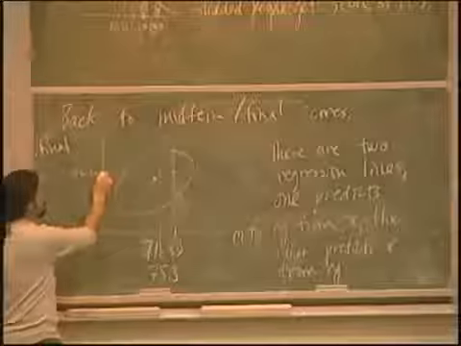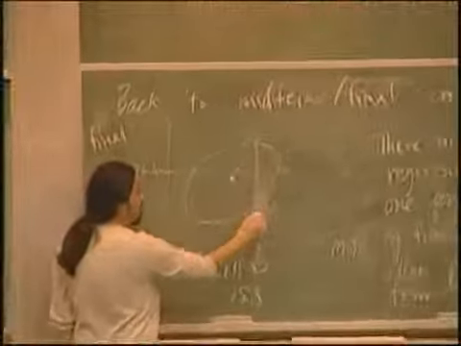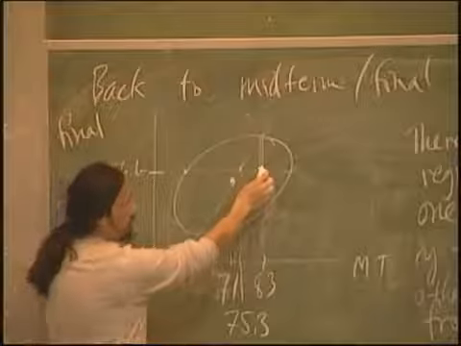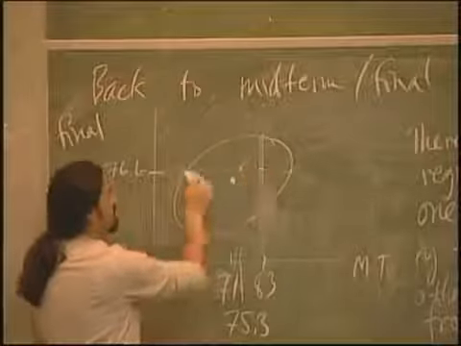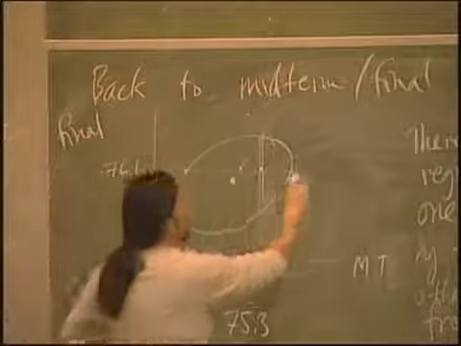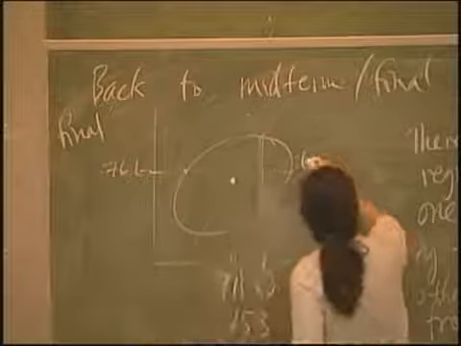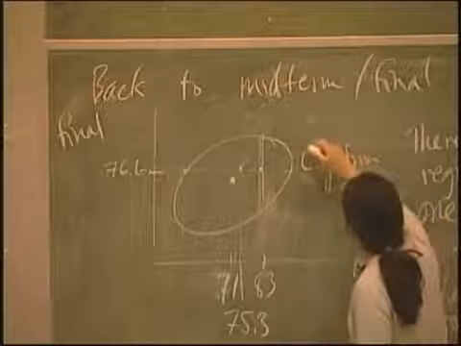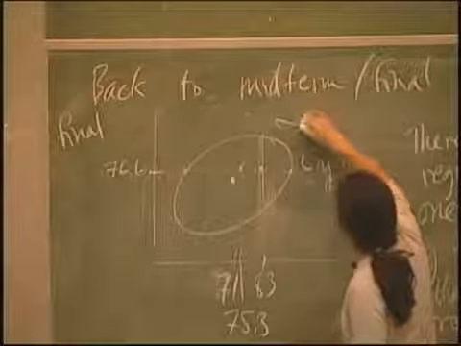If 76.6 is the average Y value corresponding to that X value, it's not true that 83 is the average X value corresponding to this Y value. Okay, so this one predicts Y from X, and this one predicts X from Y.